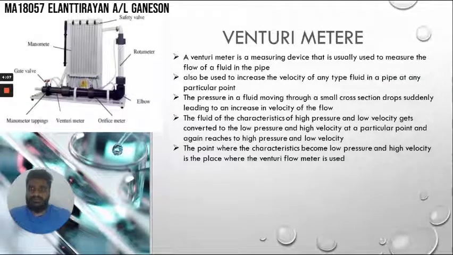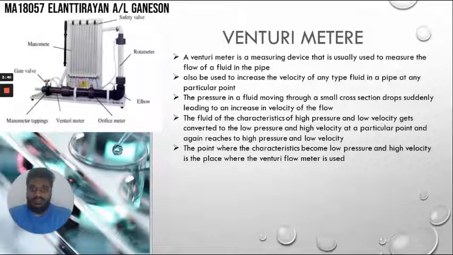Venturimeter. A Venturimeter is a measuring device that is usually used to measure the flow of a fluid in a pipe. It is also used to increase the velocity of any type of fluid in a pipe at any particular point. The pressure in a fluid moving through a small cross-section area drops suddenly, leading to an increase in velocity of the flow.